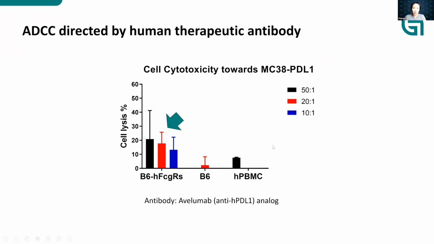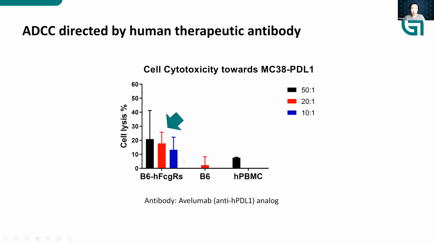And then in the culture, we provided human PBMC as a positive control. We provided NK cells extracted from a B6 animal. So these are mouse NK cells. They're not supposed to be engaged by the antibody at all. And then we also extracted NK cells from our fully humanized animal, which doesn't have the mouse FcγR.